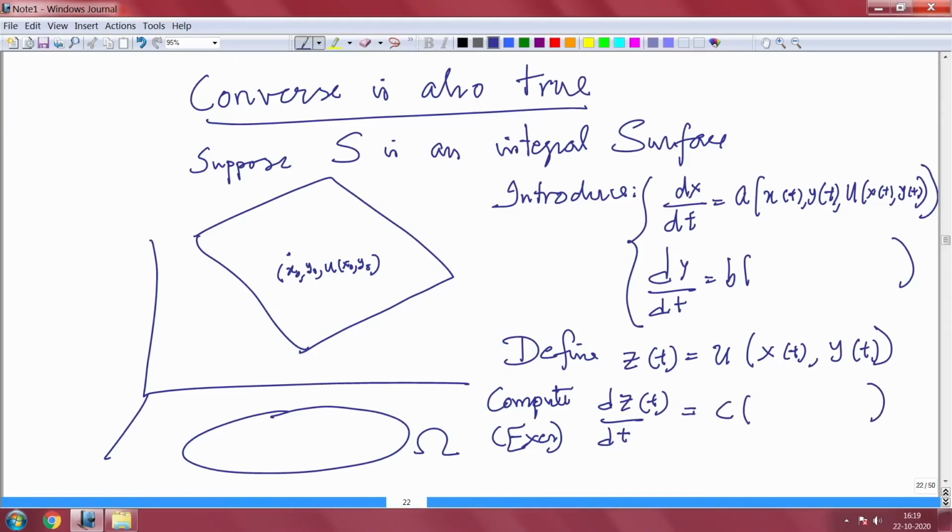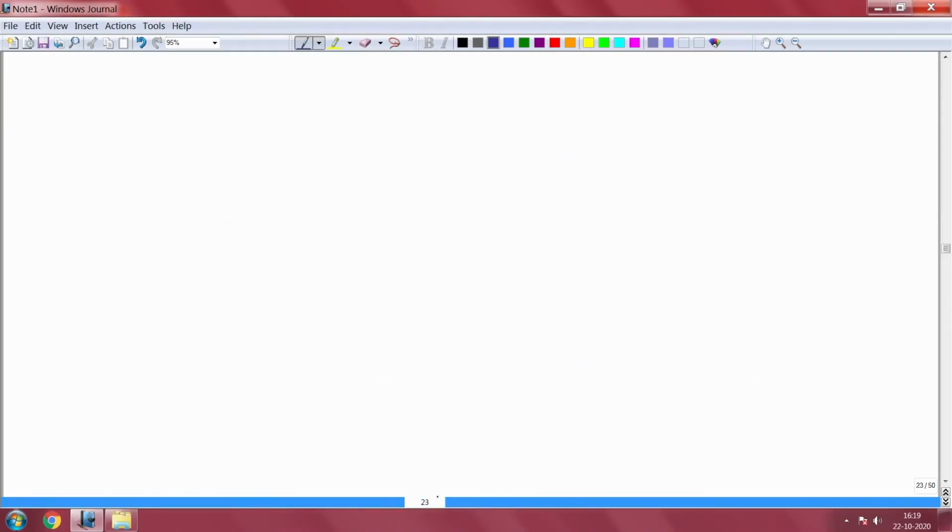So in conclusion, for every point you can have an integral curve in R3. If you can form a surface using these integral curves, you get an integral surface. Conversely, if you are given an integral surface, then I can decompose that surface into integral curves.